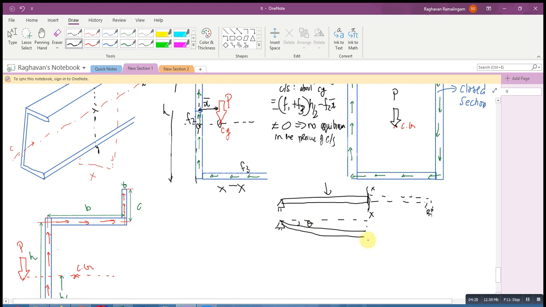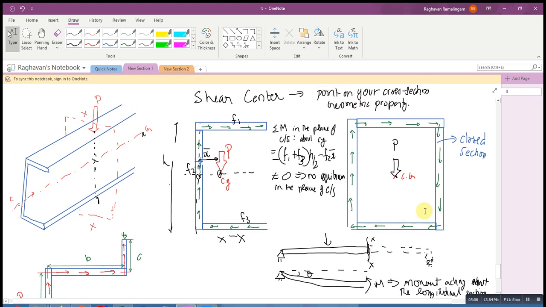This moment is acting about the longitudinal face, the longitudinal section. This moment acts about the longitudinal section. That's why you have your rotation on the longitudinal face.